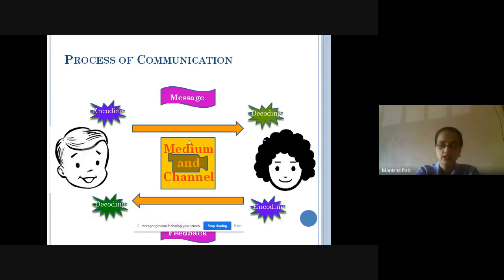And you are having barriers. Barrier on the part of sender, on the part of medium and channel, and on the part of receiver.